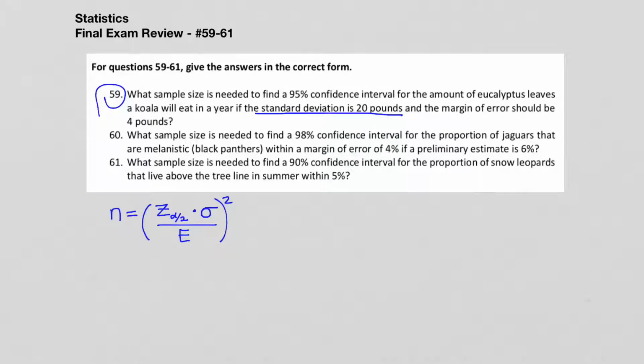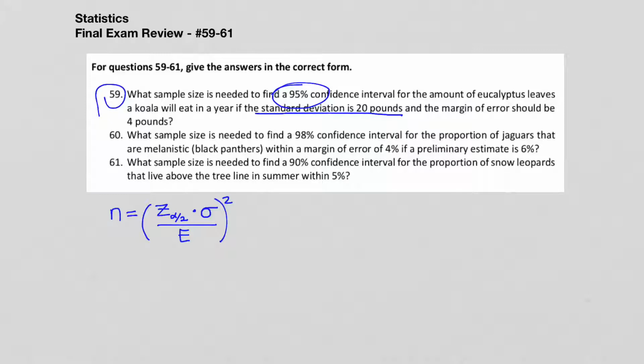n equals z sub alpha over 2 times sigma all over the margin of error quantity squared. So I'll start by finding z sub alpha over 2. And in this problem, we're finding the sample size for a 95% confidence interval.